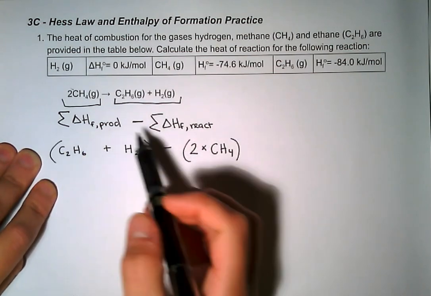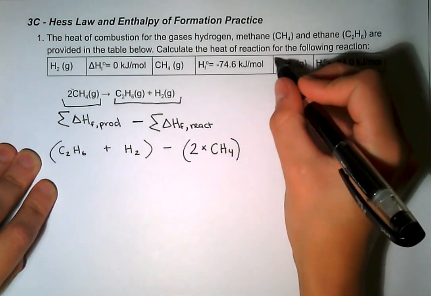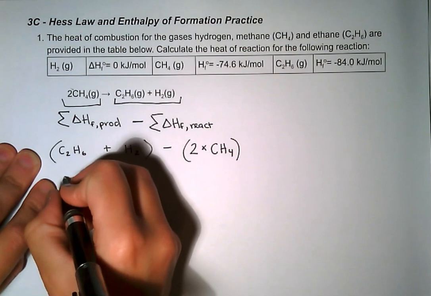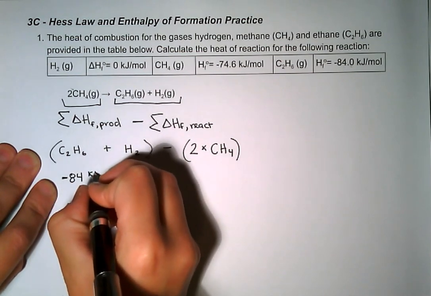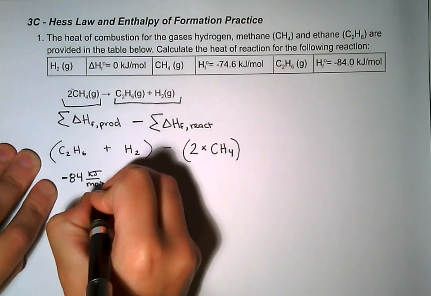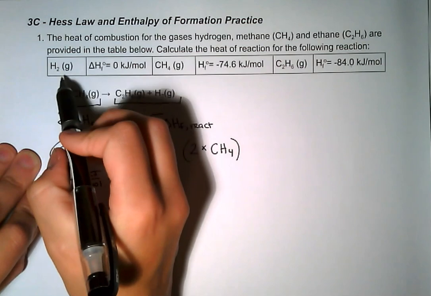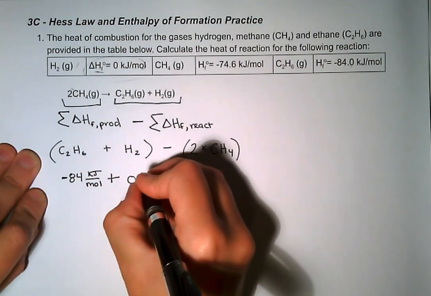Looking up at our table, C2H6 has a value of negative 84 kilojoules per mole. Then we need to add H2, which looking at my chart is 0 kilojoules per mole.